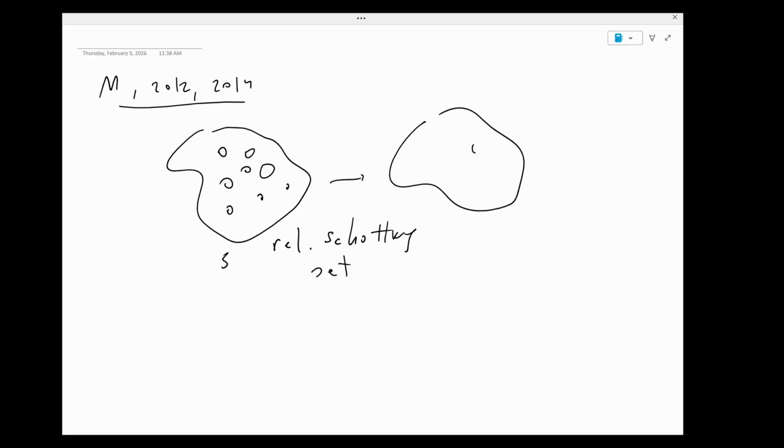And suppose I have another relative Schottky set, S tilde, and I have, say, a homeomorphism between them, or a local homeomorphism. Actually, it doesn't really matter.